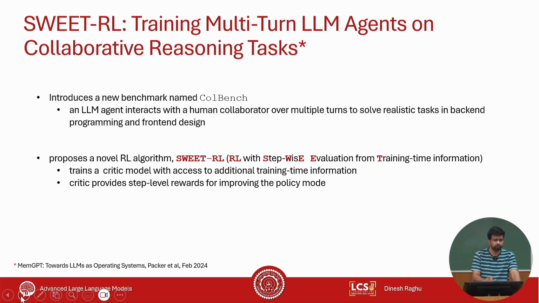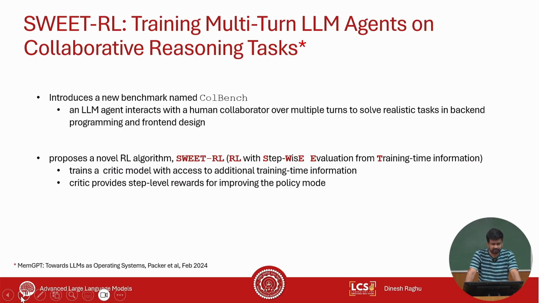Which means you can use Sweet RL only if you know that there exists some additional training time information. In case of Magnet, we synthetically simulated negative trajectories by replacing the right tool call with an incorrect tool call in between the trajectories and calling it negative, right? But in this particular case, in addition to having negative trajectories, you should also have some sort of additional training time information. That's the biggest assumption that they make here.